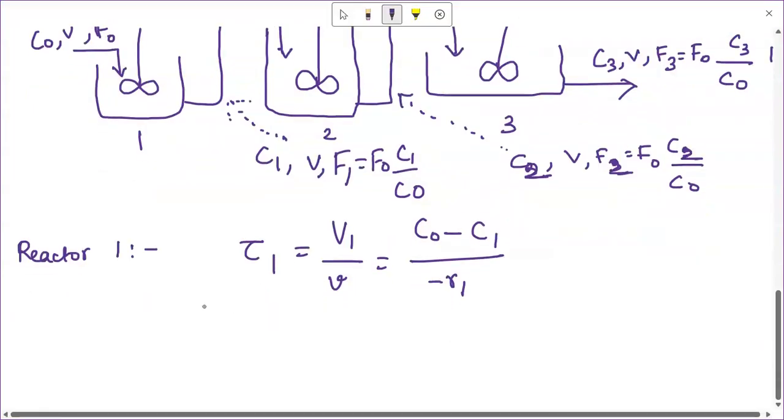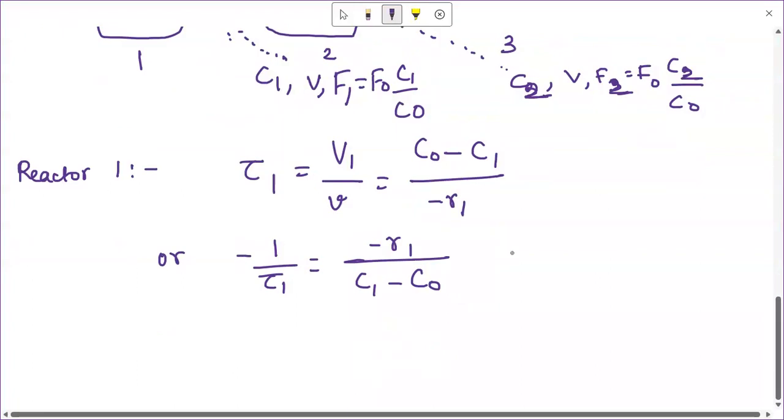Now if you take the reciprocal of this, then you can write minus 1 by tau 1 equals minus R1 by C1 minus C0. I guess this is fairly simple. It's just a mathematical manipulation.